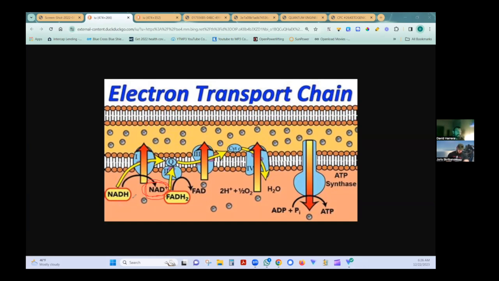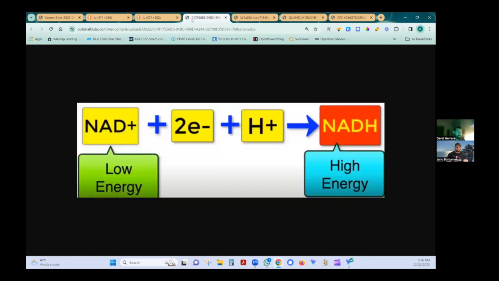So if you look right here, there's a little black arrow and it says NADH, and it donates its hydrogen and electron to this cytochrome number 1, and that turns into NAD plus. And that means that NMN makes more of this, and it does this through a couple different mechanisms right here.